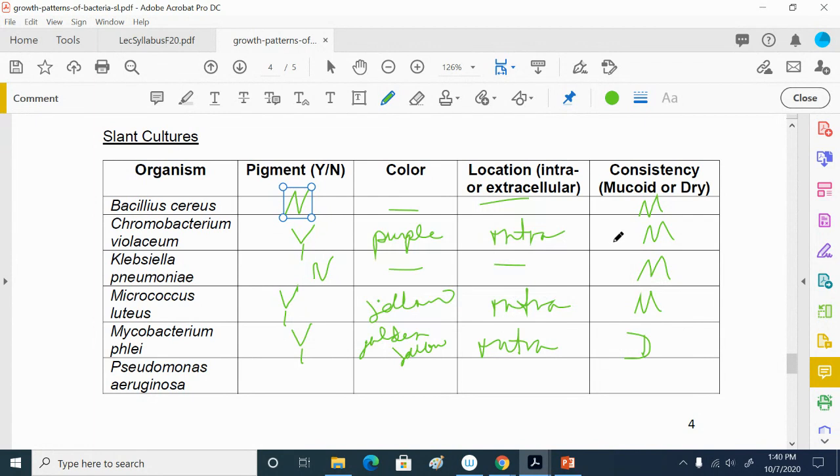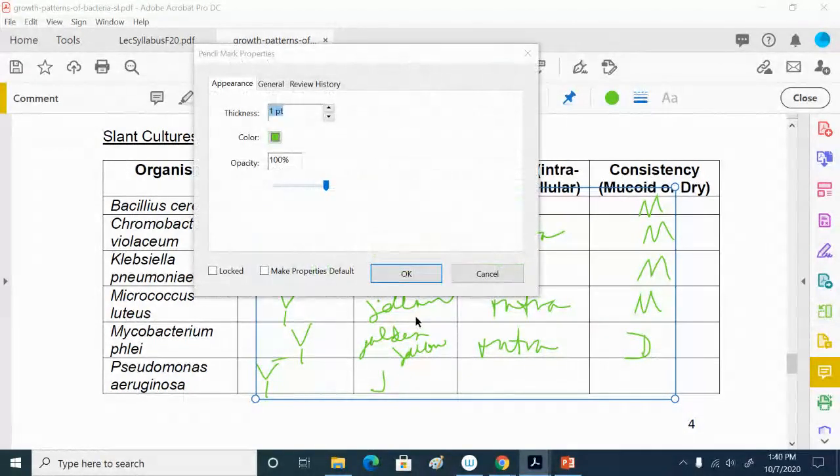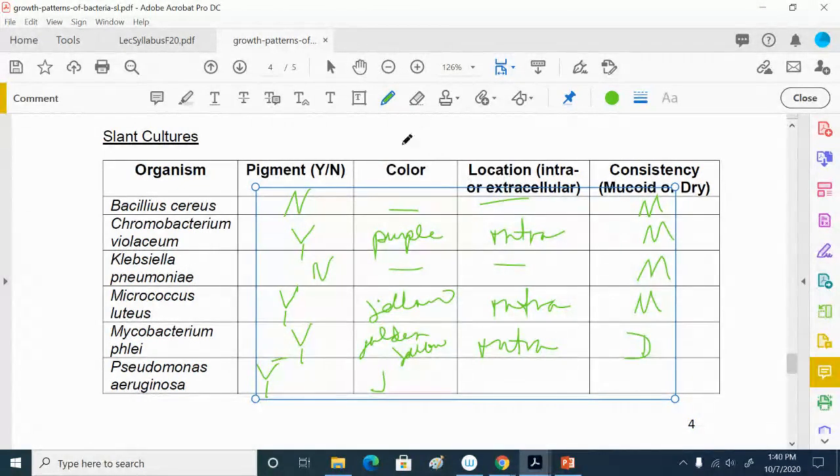And the Pseudomonas aeruginosa, which was in the picture, was there pigment? Oh, yes, there was. It was green, but it was outside. Sorry, it's supposed to be a G. The pen is weird and it won't let me write the right thing.